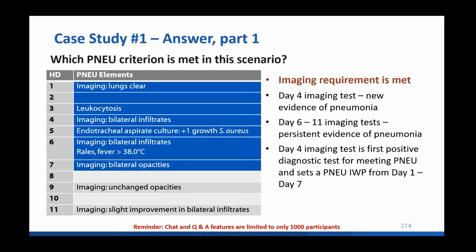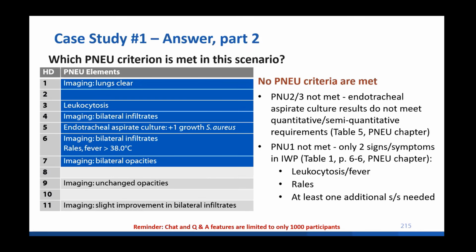In this case, there is leukocytosis on day 3, as well as fever on day 6, but they both meet that first part of the definition for fever or leukocytosis or leukopenia. And on day 6, there are rales, but there are no other signs or symptoms in the infection window period, so pneumonia 1 cannot be met. So the determination in this case is D, no pneumonia criteria are met.